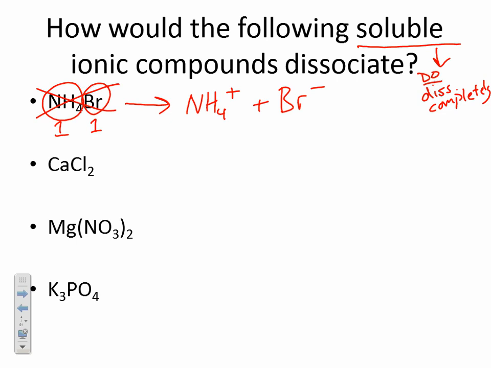Now calcium chloride, again, there are two ions in this. There's calcium and there's chloride, but the number of each, I've got one calcium, which I can tell from the subscript, but I have two of the chlorides. So this is not Ca+ Cl2. That is not what it splits into.